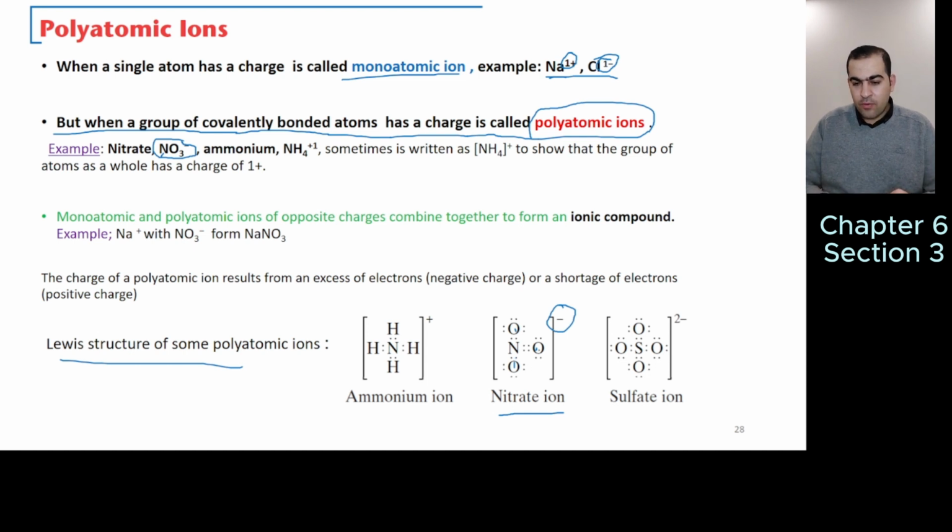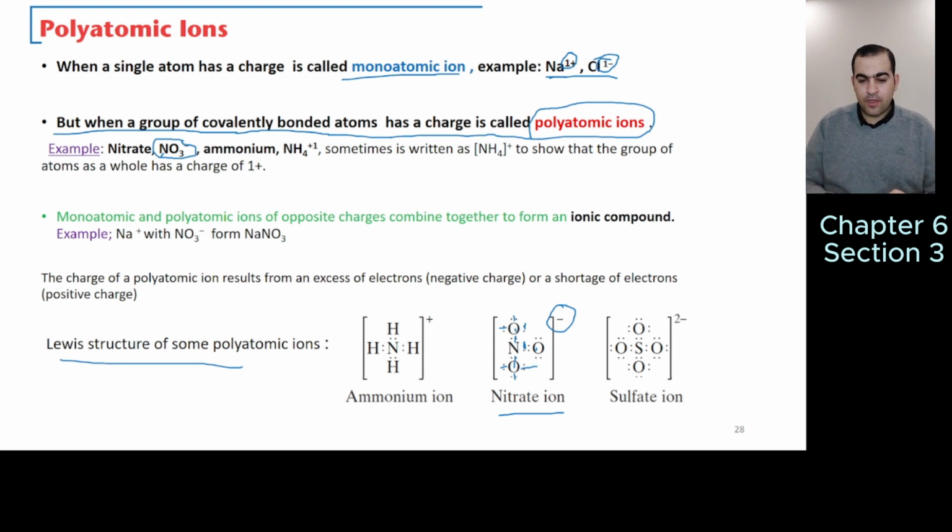Let's count the number of valence electrons in this ion: 2, 4, 6, 8, 10, 12, 14, 16, 18, 20, 22, 24. We said the total must equal 23. We understand that one electron has been gained, so all have 8 valence electrons.